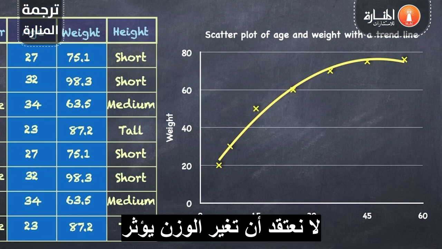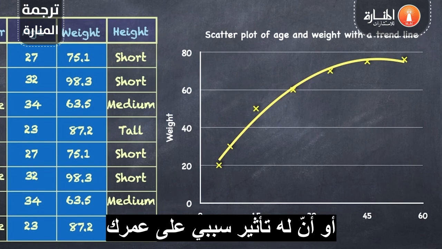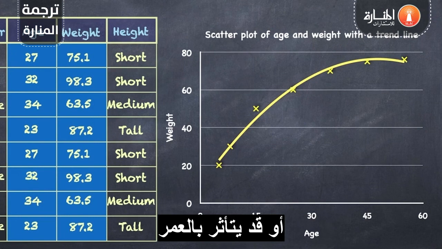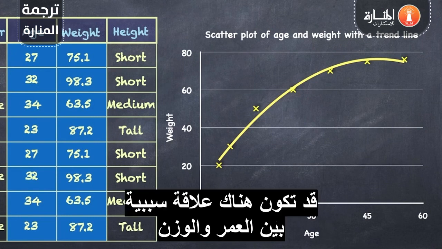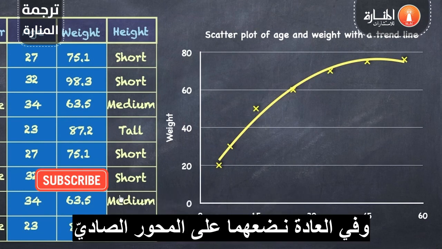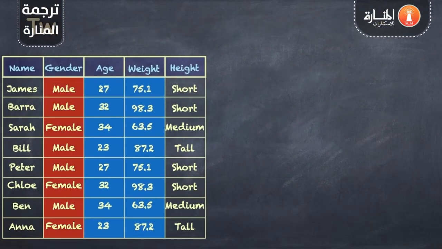We don't think that a change in your weight has any causative impact on your age. Weight, by contrast, might be dependent on age or might be affected by age. There might be some sort of causative relationship between what your age is and what your weight is. And so weight is a dependent variable, and typically, by convention, we put those onto your y-axis.